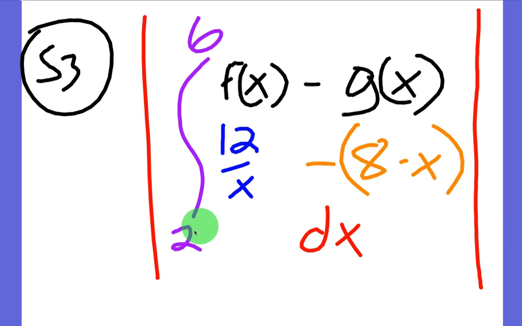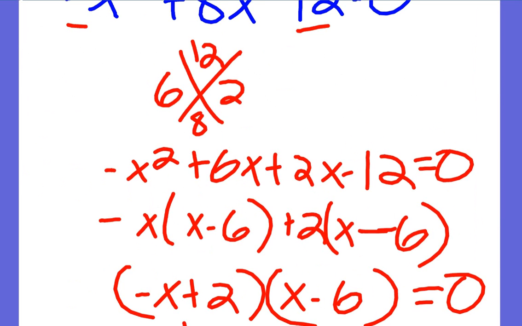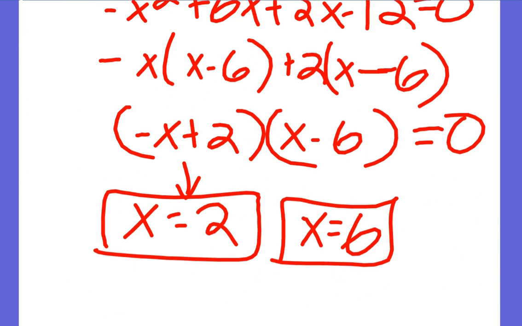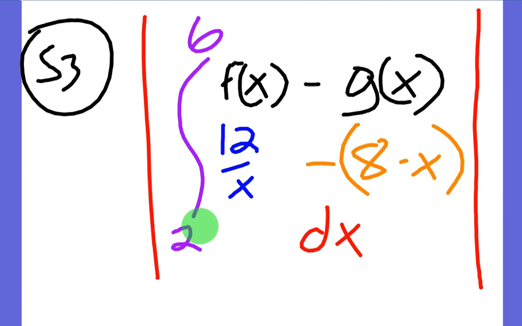And so these values where they intersect, which we found from this step, those will be your limits of integration when they cross twice. If they cross 3 times, then let's say they crossed at 2, 3, and 6. You'd have an integral from 2 to 3 of one minus another, and another integral from 3 to 6. But anyways, that will be for another example. So that's where these come from right here.